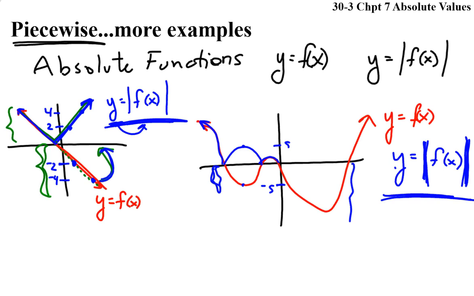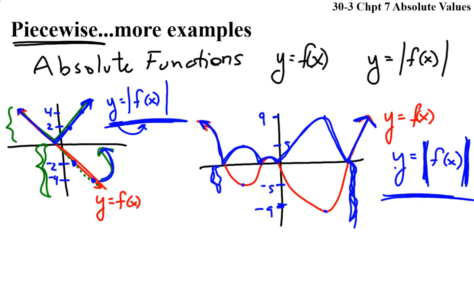But again, this negative y section would reflect, and this point here, let's say it's negative 9, is now going to become positive 9, so that our negative portion of the graph becomes a positive portion. So this in blue would be our absolute f of x graph, because everything's positive.